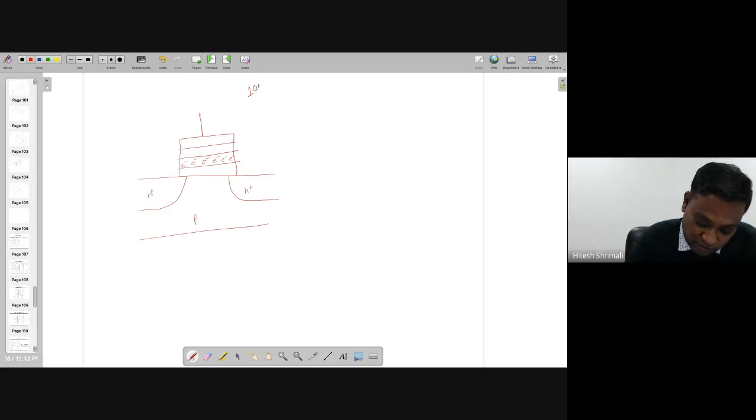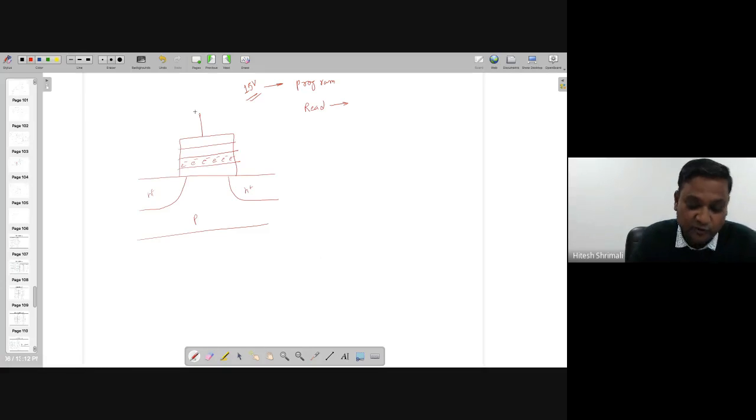You can give more also, depending on the technology, let's say 15 volt to program. However, when you want to read it, you cannot read it with the 15 volt, because again it will start working with the FN tunneling and all these things will be happening.